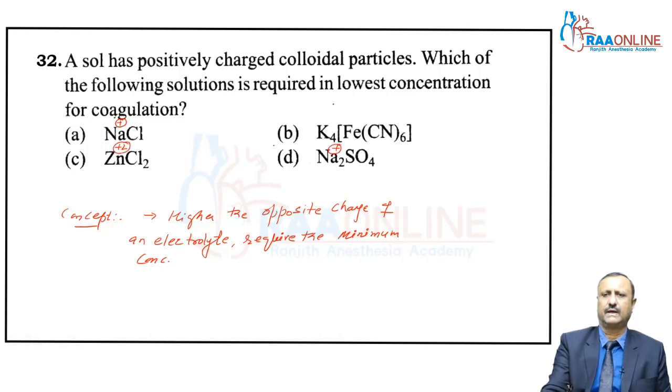here the +1 charge, and here +1 charge, and here the negative charges: -3, -2, -1 and -1. So, my dear students, if you have a positively charged colloidal sol, you can think about which electrolyte needs the lowest concentration. Obviously, the one in which the opposite charge is greater requires the lowest concentration.